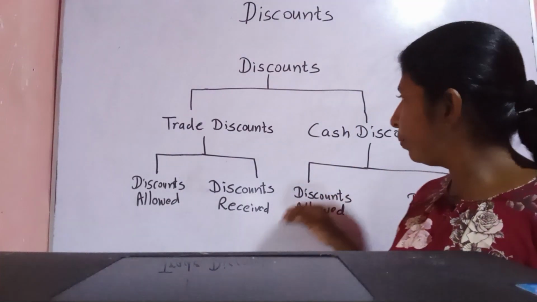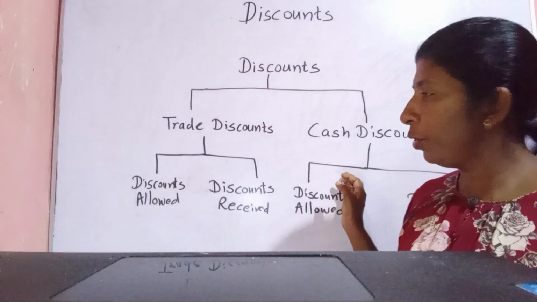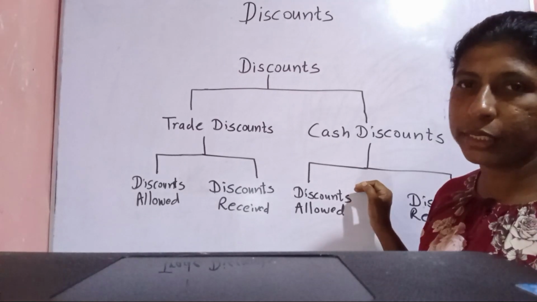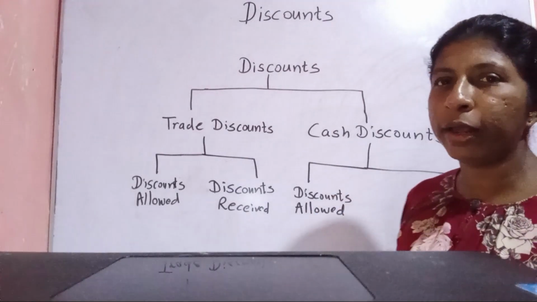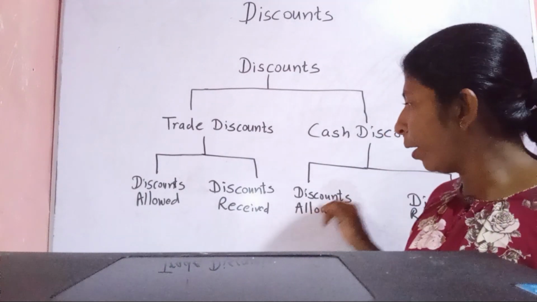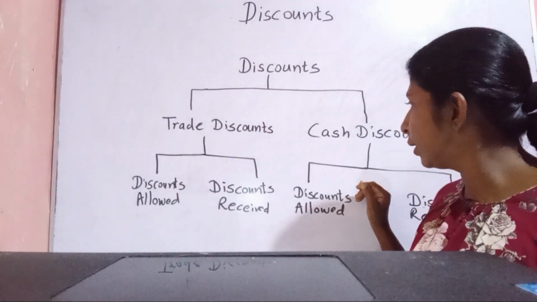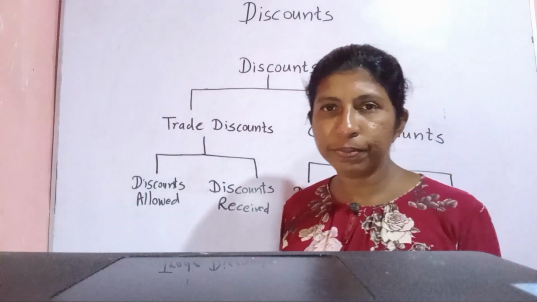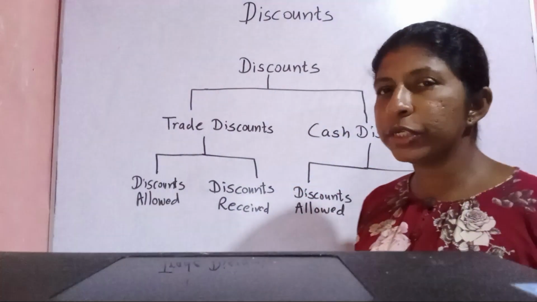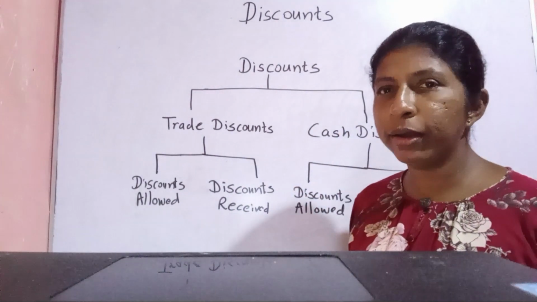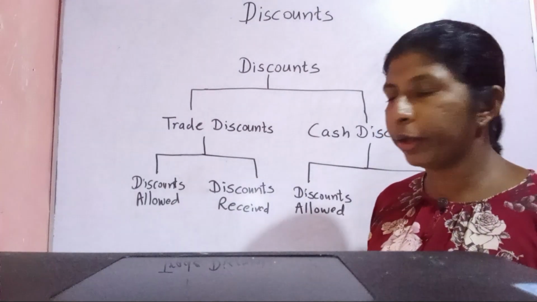Then I will explain cash discounts. This is very important in accounting. We make some adjustments in accounts for cash discounts. Cash discounts also we can explain by dividing them into two categories.